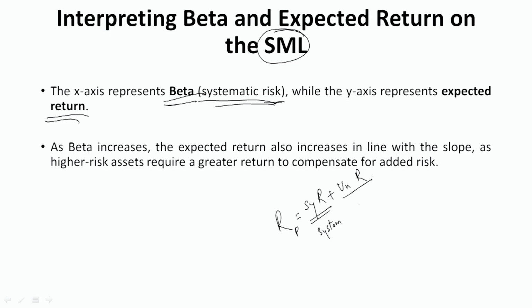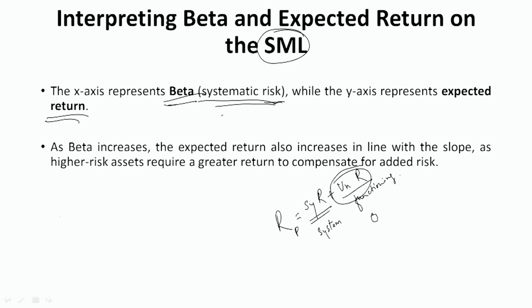Unsystematic risk is the risk coming from my functioning, and I can have control over it. So I can minimize this unsystematic risk to an extent that it becomes either 0 or almost equal to 0. That is the reason we are not considering the unsystematic risk while calculating beta.